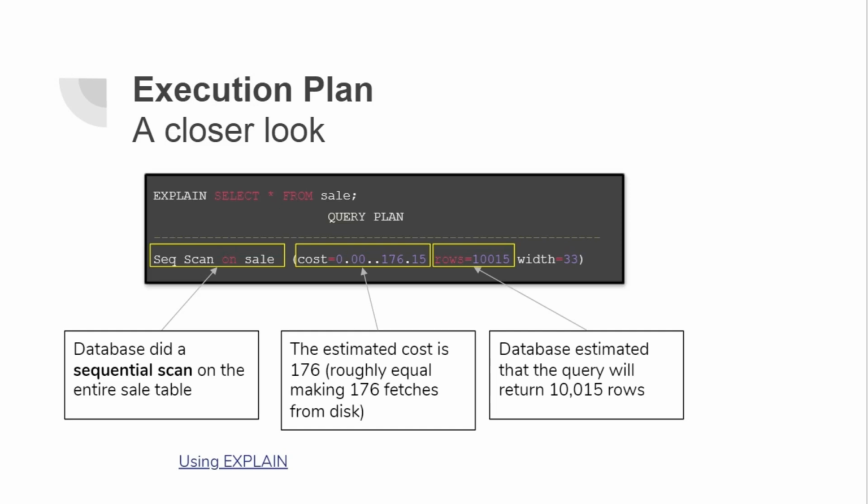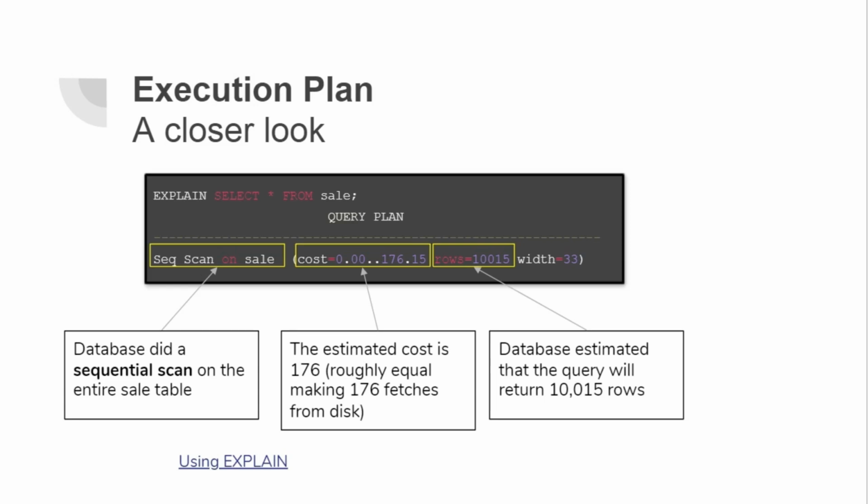We can see that the database did a sequential scan of the entire table. This is called sequential scan on sale. We can see that the database estimated the cost between 0 and 176.